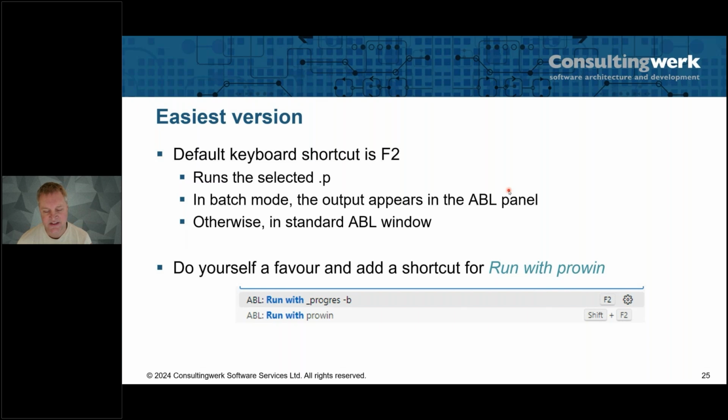It doesn't come with a standard shortcut. It's just much easier if you just add something like a Shift F2. Or if you run it all the time, if you only run prowin rather than _progress, then change the shortcut from the key mapping to F2 for that. It just saves yourself doing Shift-Control-P, typing the run, just do the shortcut and have a nice day.